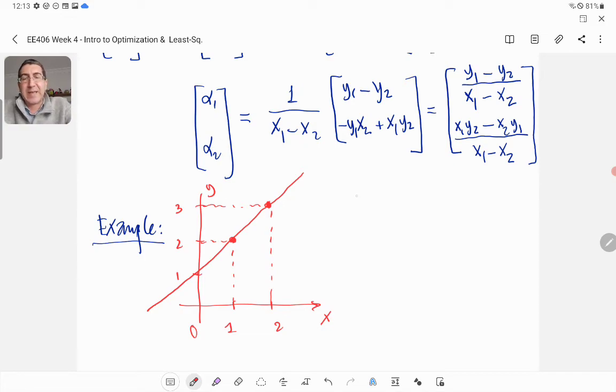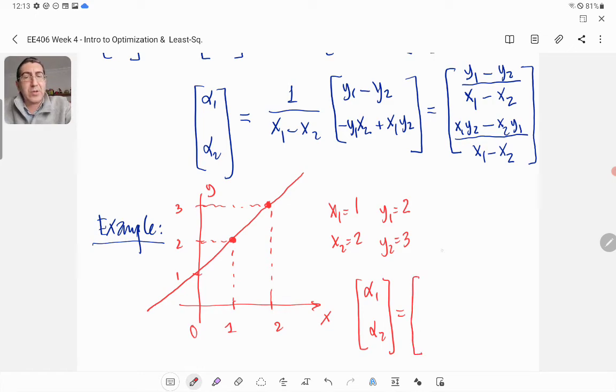Okay, so let's make the calculation. So I have x1 equals 1, y1 equals 2, x2 equals 2, y2 equals 3. So our solution, alpha 1, alpha 2, by using this equation above, I will directly calculate it. y1 minus y2, so it's 2 minus 3 over 1 minus 2.